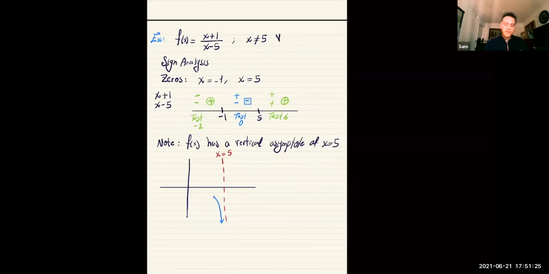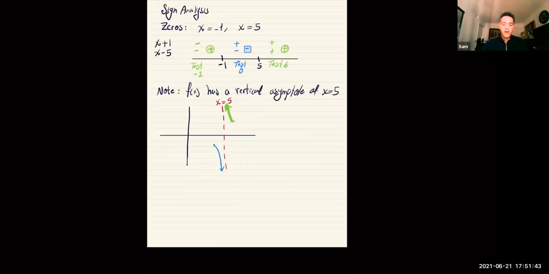Because it's negative on the left of 5. And on the right of 5, the function is positive, so to the right of that vertical asymptote, this is what the function is going to do. Very easy. The sign analysis does tell you what those limits are.